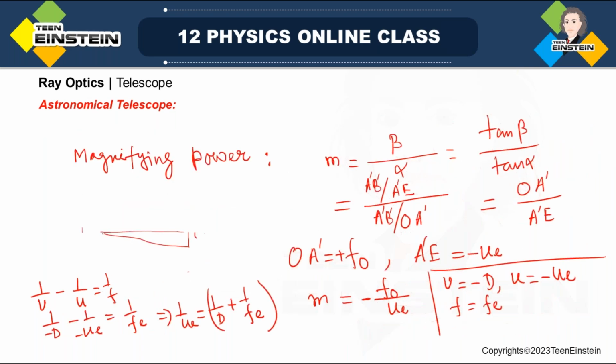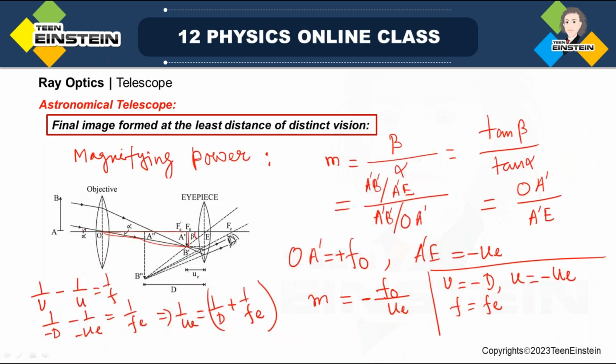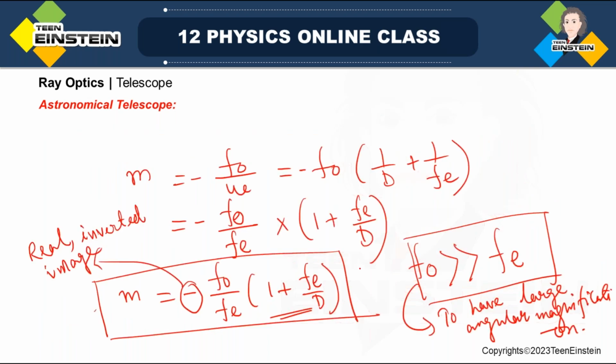And we have derived the magnifying power, that is m is equal to minus fo by fe.